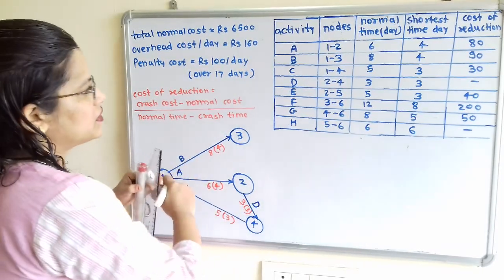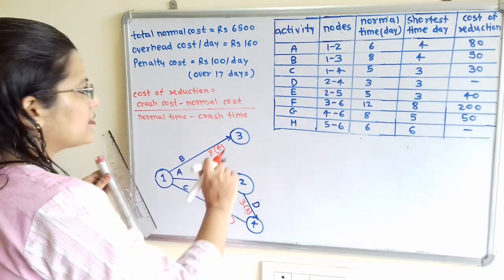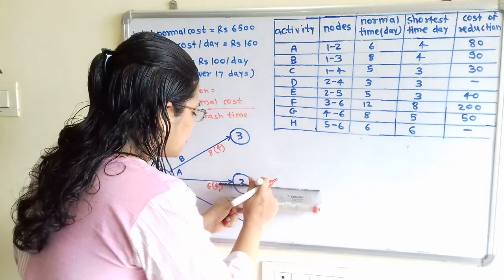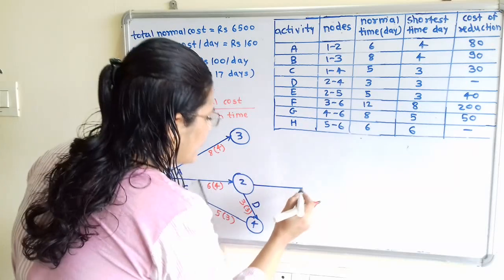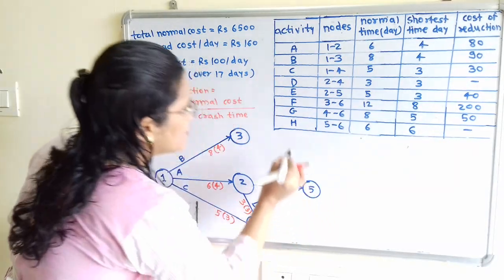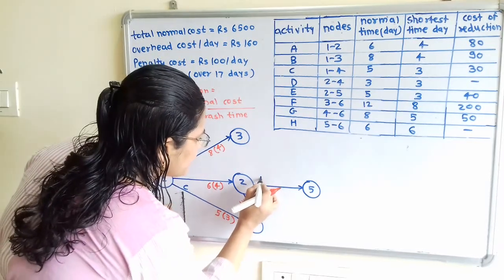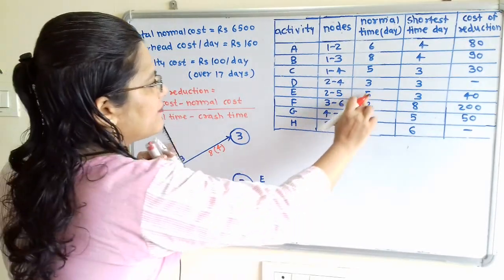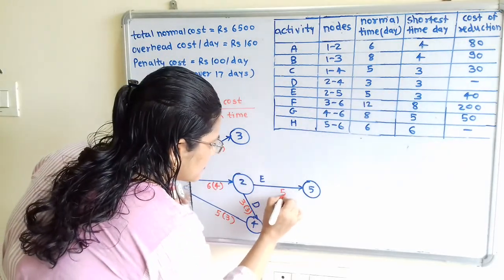Then activity E, from 2 to 5. So we have to draw node 5 here, and this is activity E. Normal time 5 and shortest time 3.